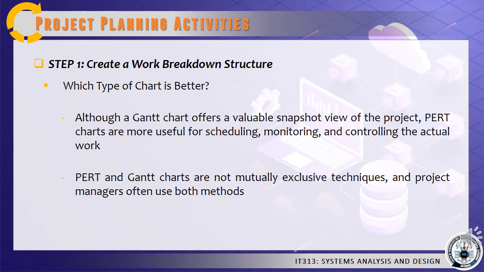Also, a PERT chart displays complex task patterns and relationships. This information is valuable to a manager who is trying to address high-priority issues. PERT and Gantt charts are not mutually exclusive techniques, and project managers often use both methods.